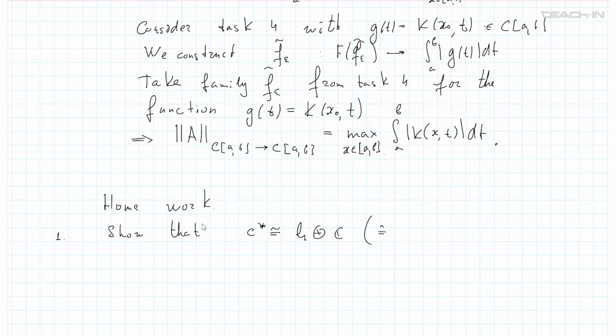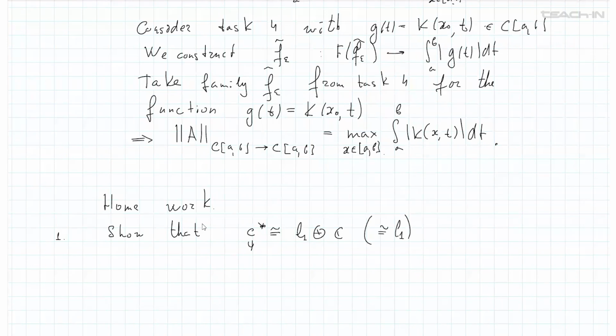It is easy to see that it is the same, almost the same as the adjoint to c0, so it is again an isometric isomorphism.